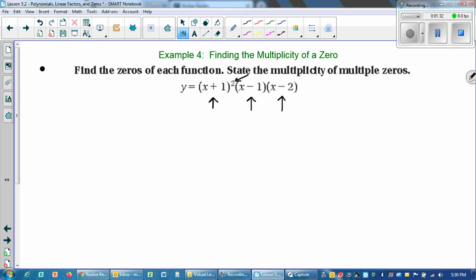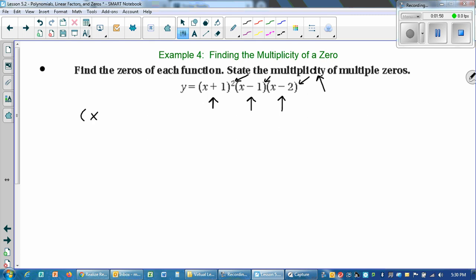That means that a factor appears more than one time. Here, you notice that in these two cases, we don't have an exponent. That means that factor only appears once, which means these, however many times that our factor appears, is in fact called our multiplicity.